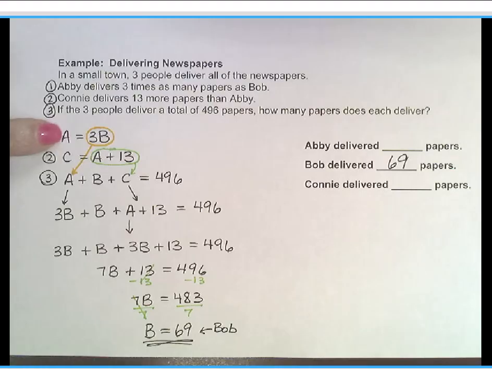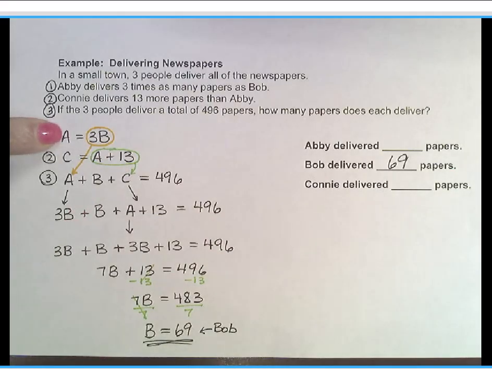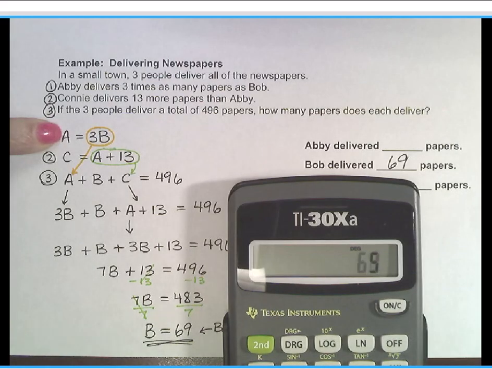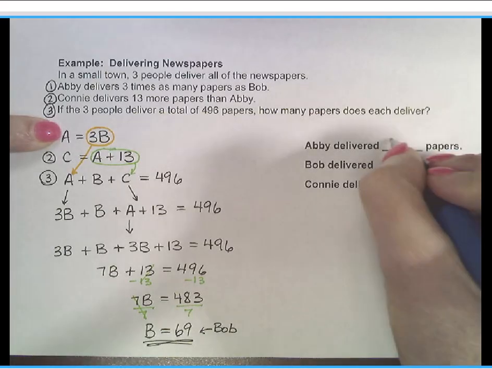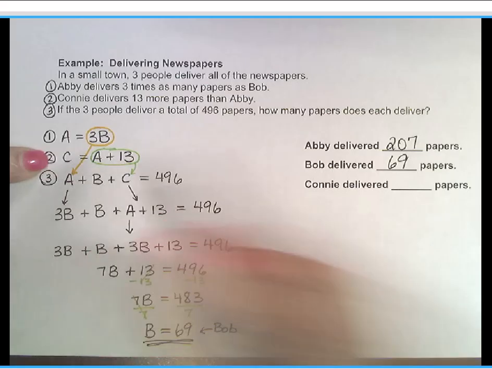So what did Abby deliver? Well, she delivers 3 times as many as Bob. So if we take Bob times 3, we'll have Abby. That's 207. And then to get Connie, you take Abby and you add 13.